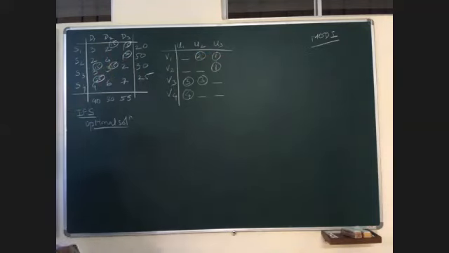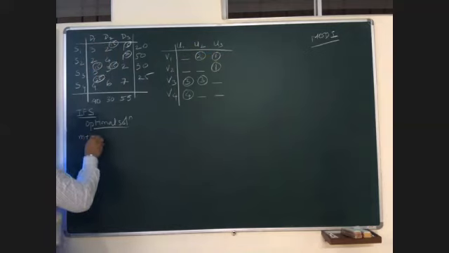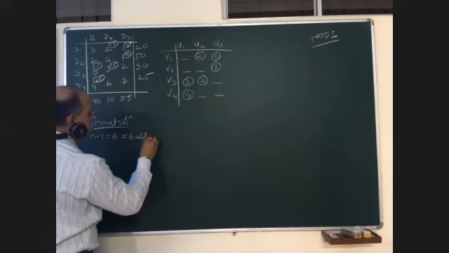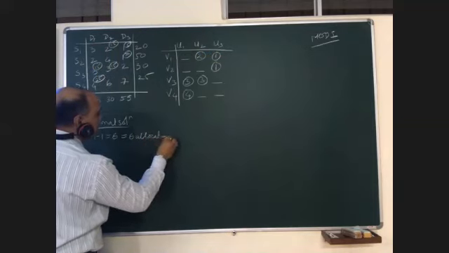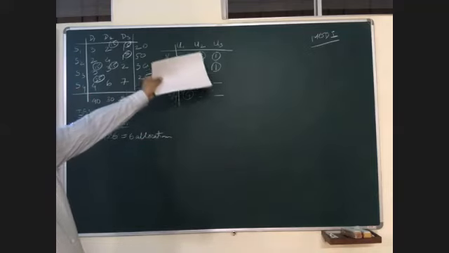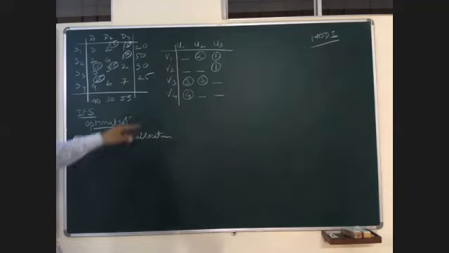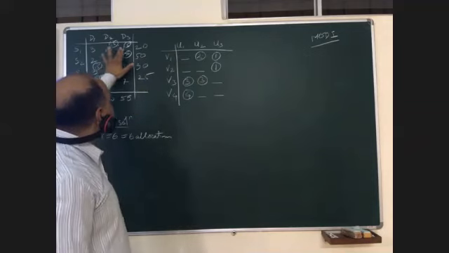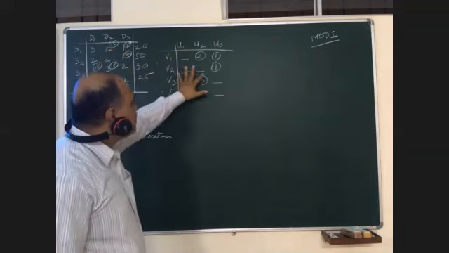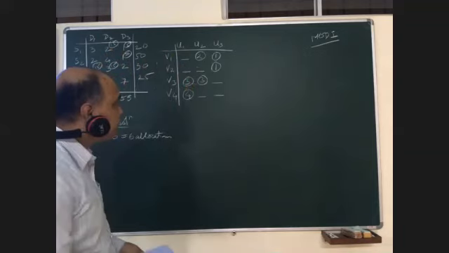And we have already checked there is no degeneracy. Degeneracy: m plus n minus 1 is equal to 6, equal to 6 allocations. Got this? What we have done? We have considered the cost where the allocations have been done, and all the rest of the positions are blank.